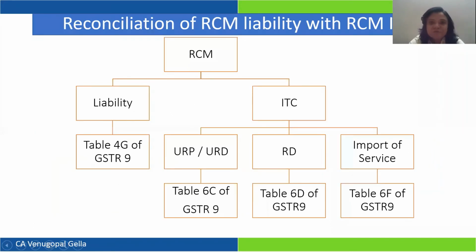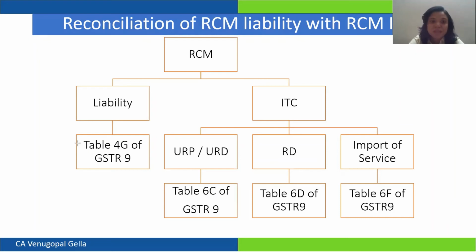The checkpoint for reverse charge credit. Ideally, whatever liability is being shown in 4G of GSTR-9 should be the credit which would be appearing in table 6C or 6D or 6F, right? Because unlike the earlier laws, GST law allows to claim the credit in the same year as the liability is paid under RCM.